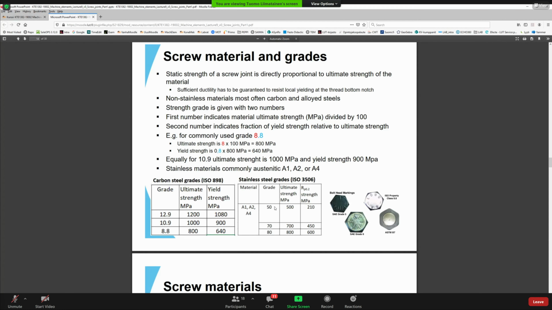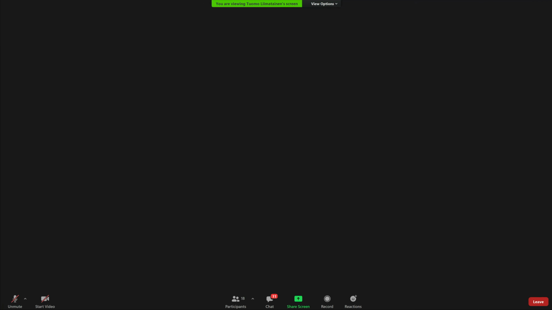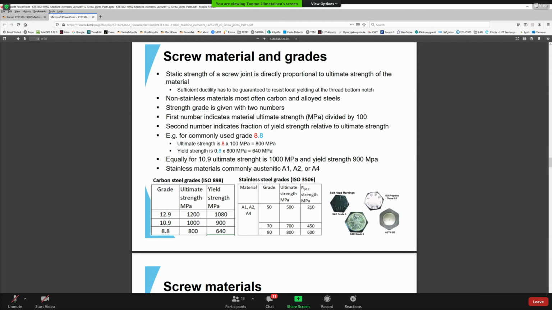If it's 50, it means that the ultimate strength is 500 and the yield strength is 210. This designation doesn't give any hint of the yield strength anymore. It only gives the indication of the ultimate strength for the stainless steel grades. Usually these 50 grades are not that often used, so the most often used stainless screws are A70 or A80 in the most common applications.